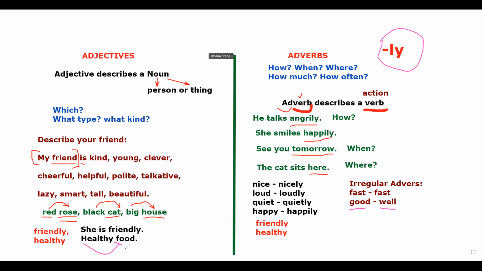Healthy is describing the food, which is a noun. And friendly is describing her, a person, which is a pronoun in this case, but we have the linking verb is. It's still a person.